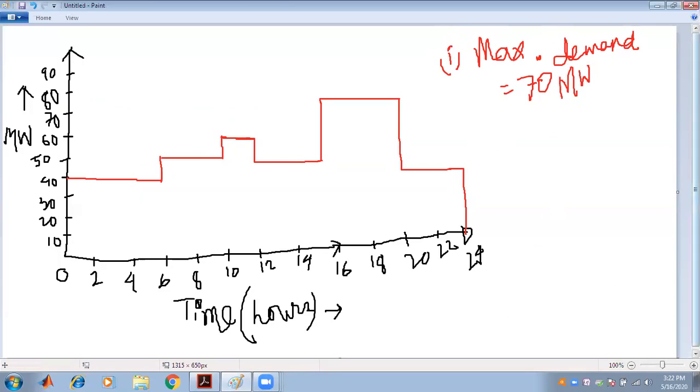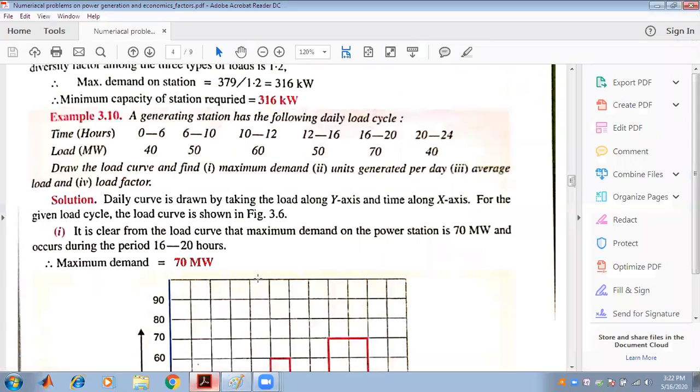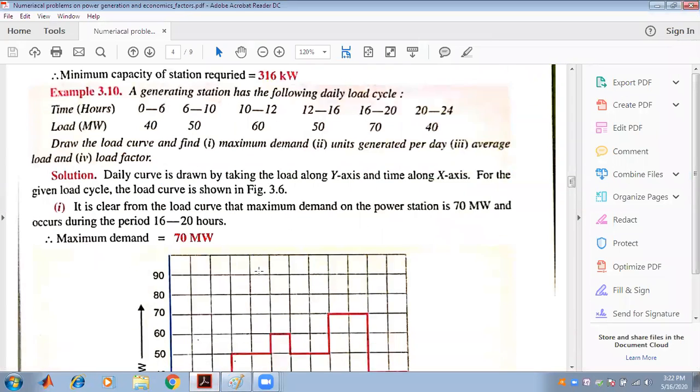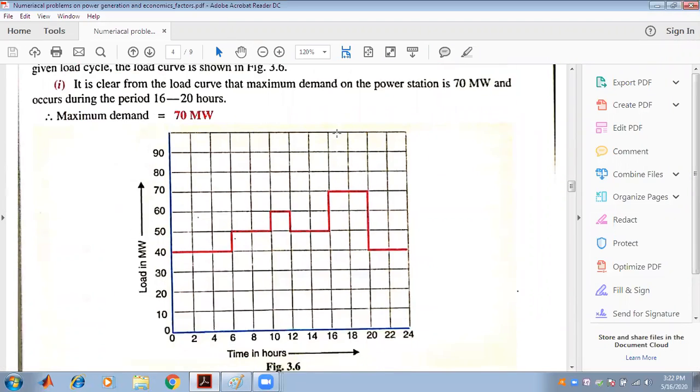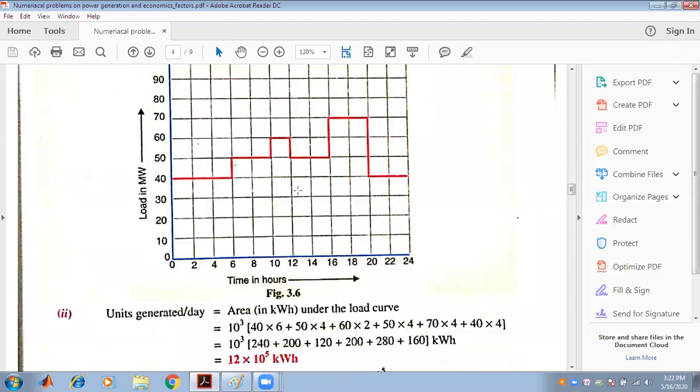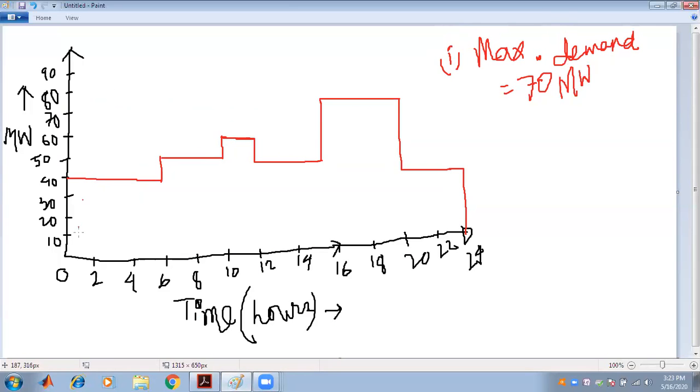So our second problem is units generated per day, which means the area under that particular load curve. So what is the area?